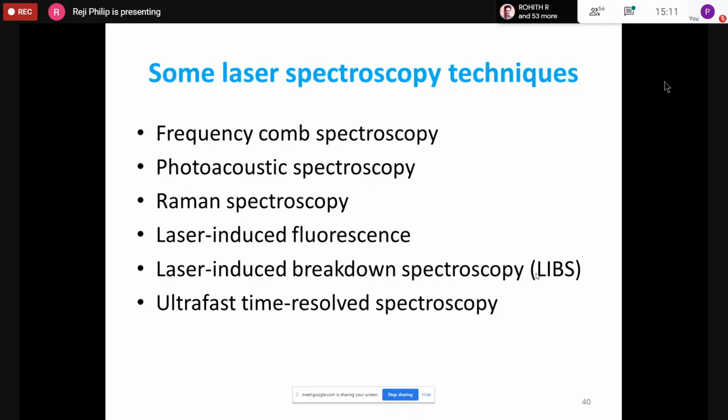Then we have Raman spectroscopy. In the morning, there was an excellent lecture by Professor Vijayan, and he has clearly told you about the theory behind Raman spectroscopy. The polarizability of the molecule has to change. Then only you see the Raman lines.